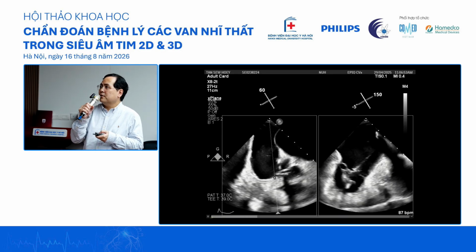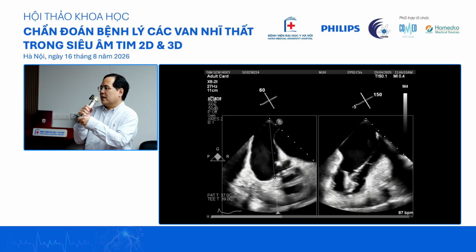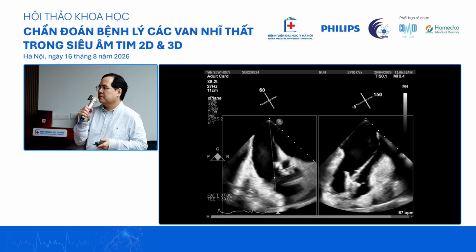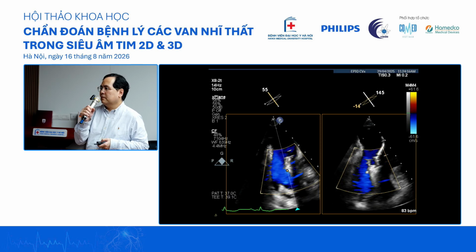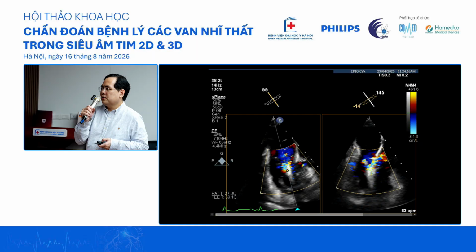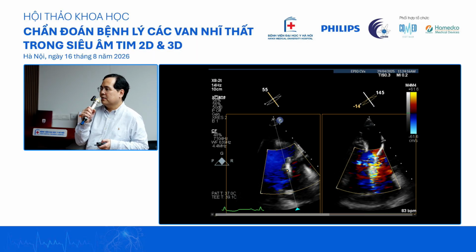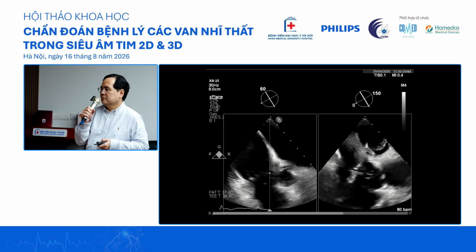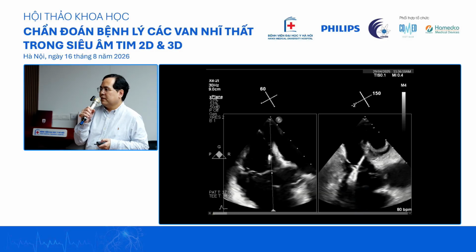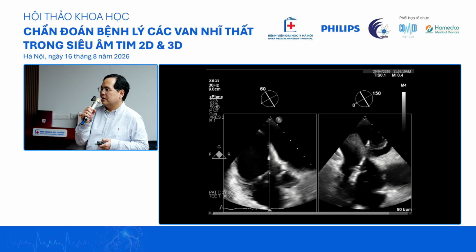So in this case at 150 degrees view with the X-plane, you can see both leaflets are seated very well on the clip arm. Okay, so open up the color box to look at the color jet. Is it really aligned at the area that you want to clip to reduce the TR? Okay, looks like both clip arms are already deployed and secure the leaflets.